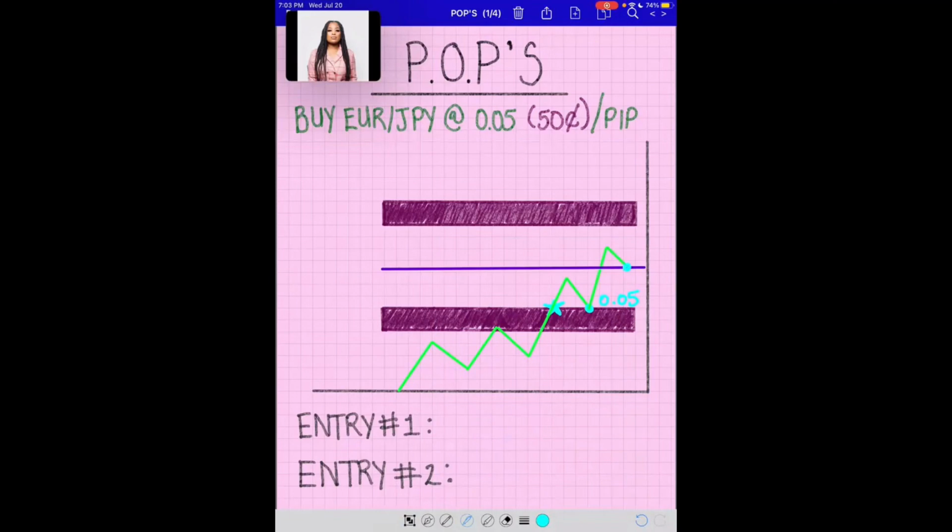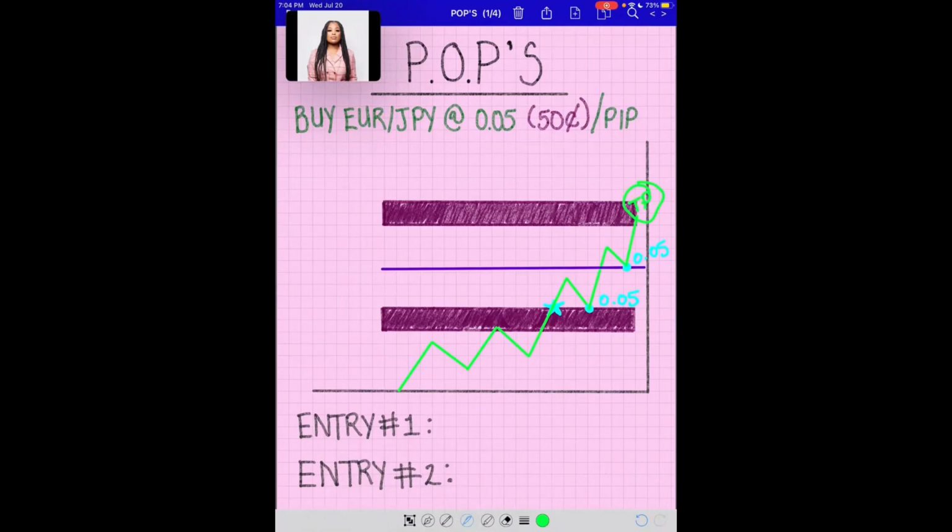And we would get in with another 0.05. Again, the reason we're getting in is because the market is pulling back, which is giving us another opportunity to get into this trade at a favorable position. So once we have entered this second entry on the trade, we can then expect the market to go up to our TP or our next level of resistance.